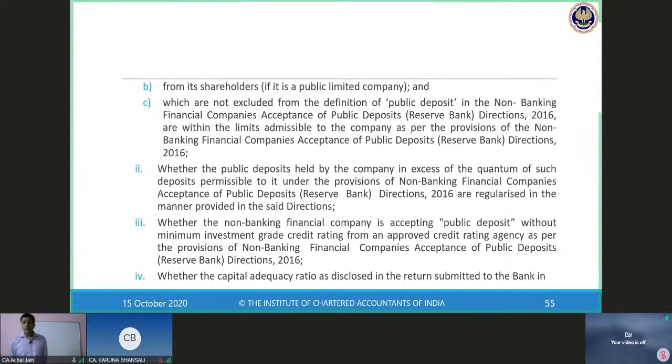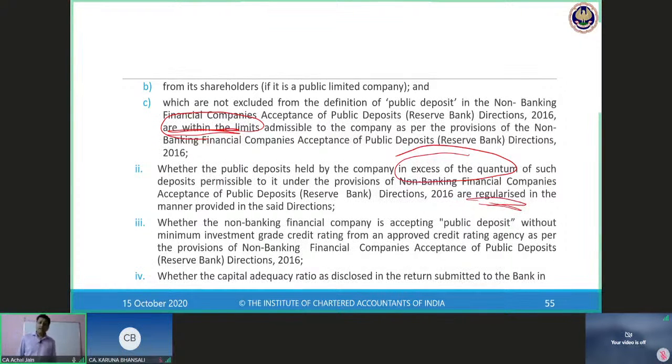Second, whether the public deposits held by the company in excess of the quantum of such deposits permissible to it as per the provisions of these directions are regularized. So first, we are saying those are within the limits. Second, we are saying those are not within the limits, those are exceeding the quantum, but those have been regularized.